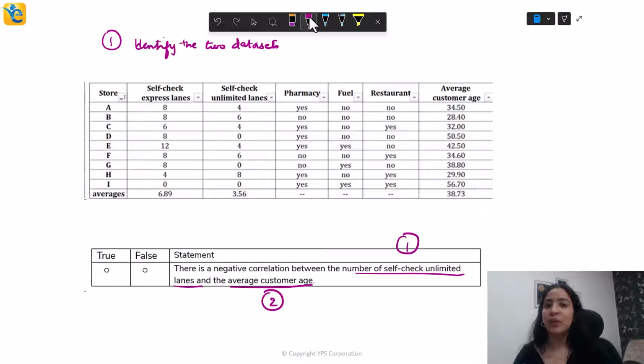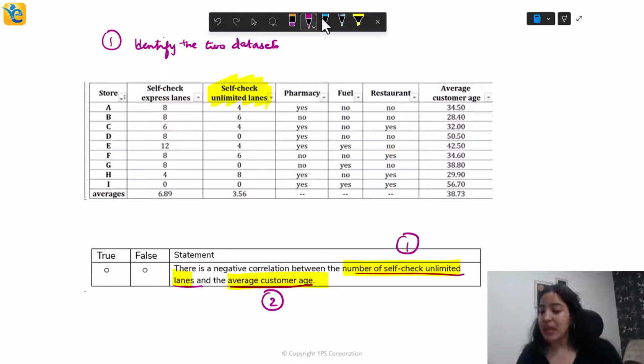Now, we will try to find which columns here in the table make sense and are actually talking about the two quantities that we just highlighted in our statement. This is what we want to find out. In this case, first thing is number of self-check unlimited lanes. When I go through all of the column headers, I find that here. Now, when people are reading it in a rush and they don't really own the data set, they're not really immersed, you might just end up seeing the first and the last words and feel that, okay, I found it.